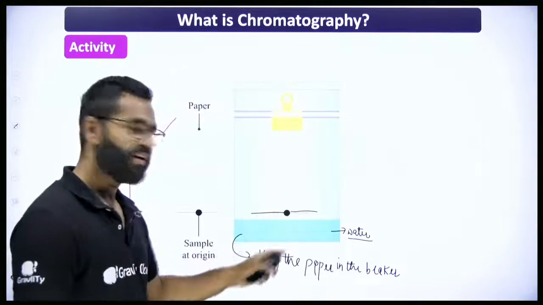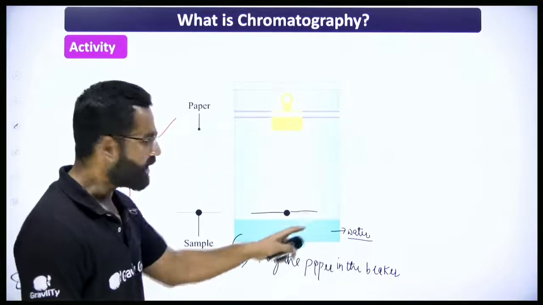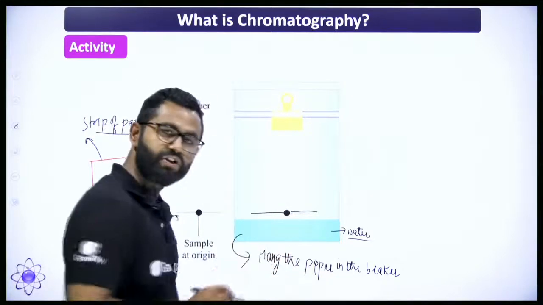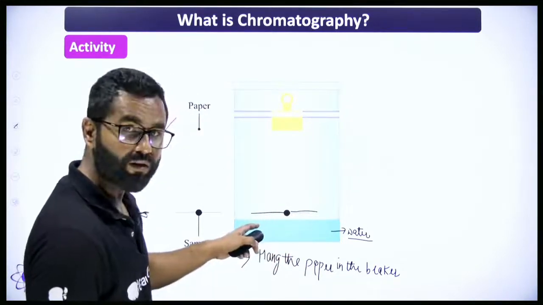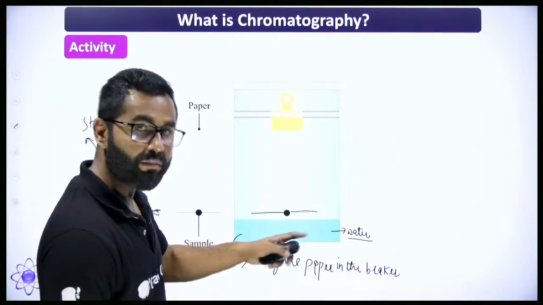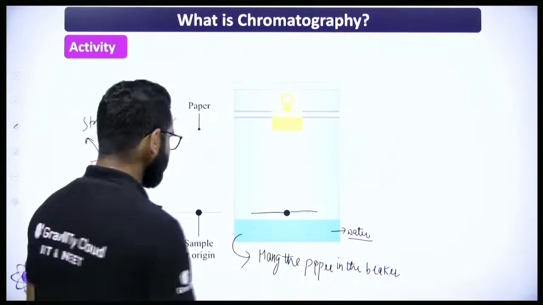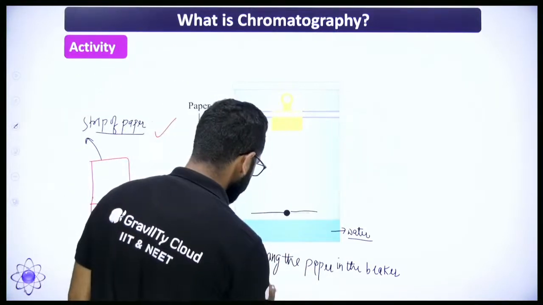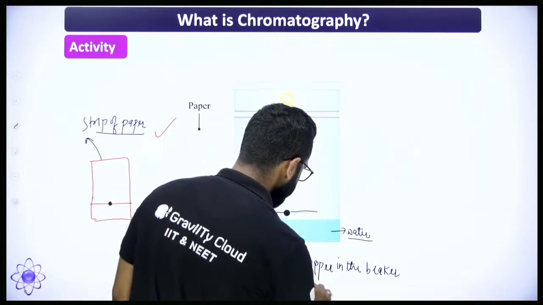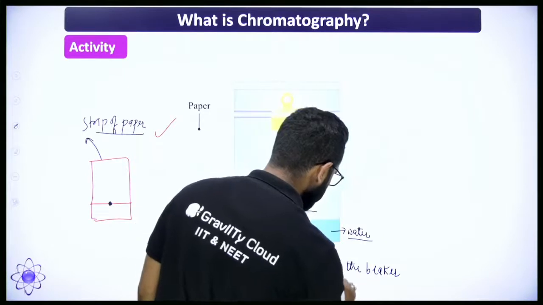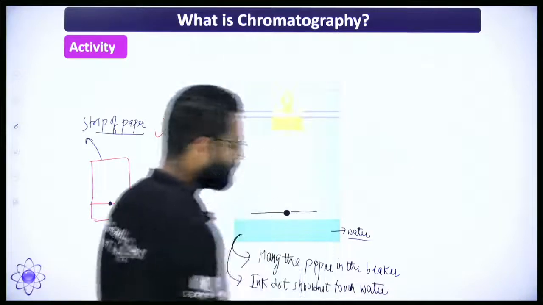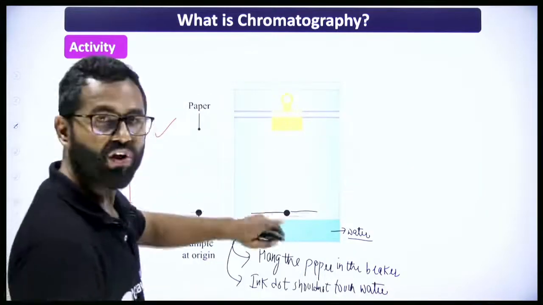Place the paper inside the beaker so that the black line is very close to the level of water, but does not touch it. This ink dot should not touch water. Simple.